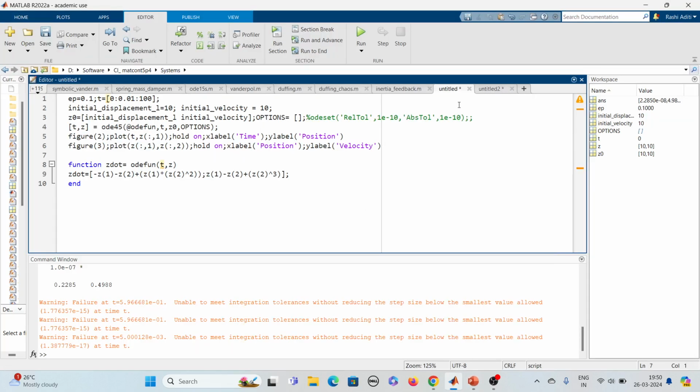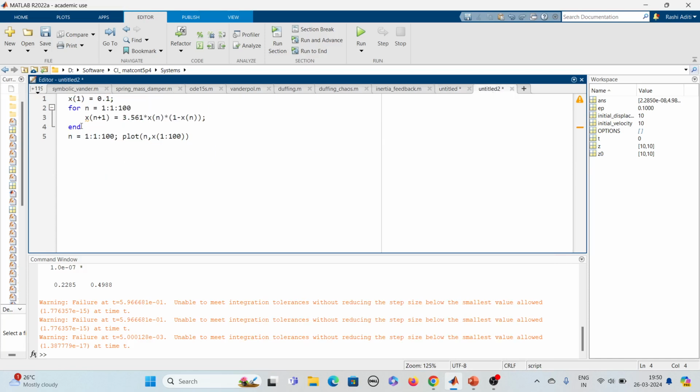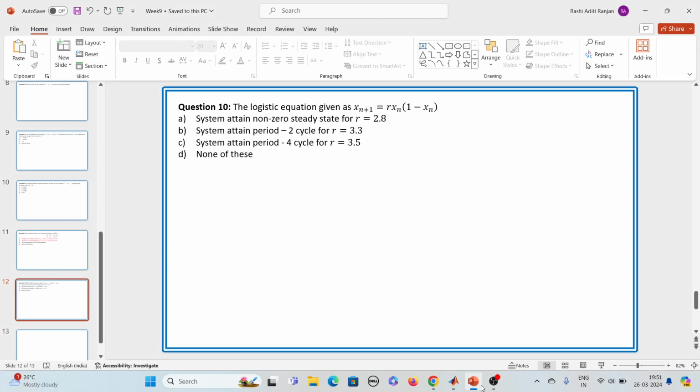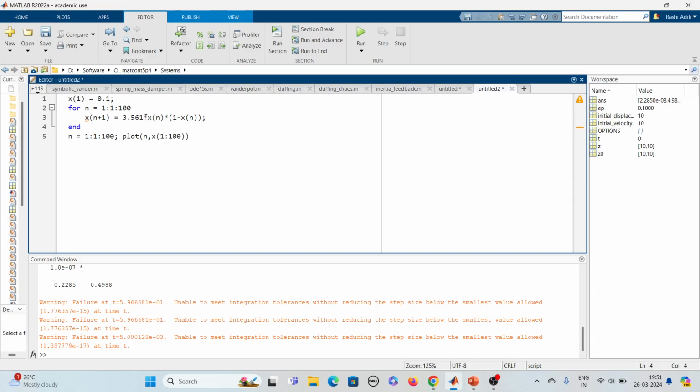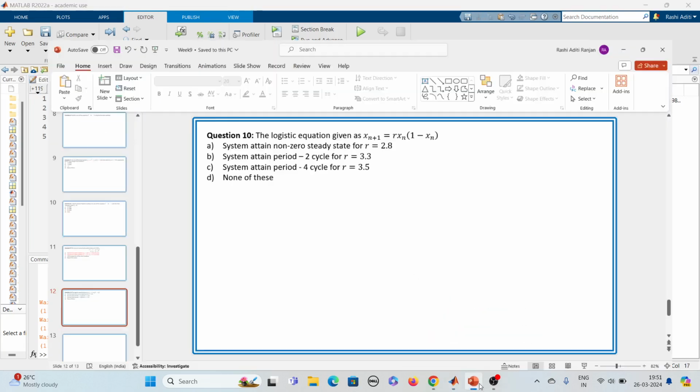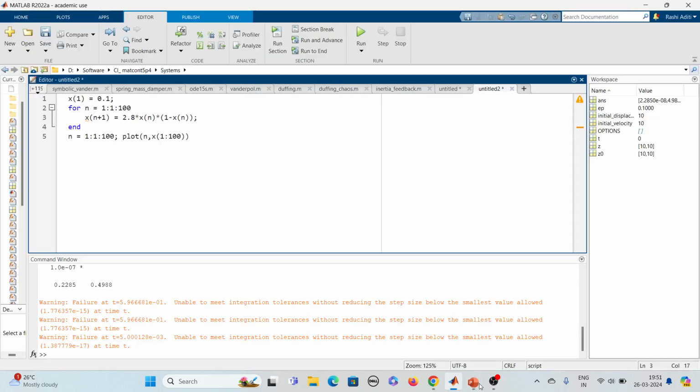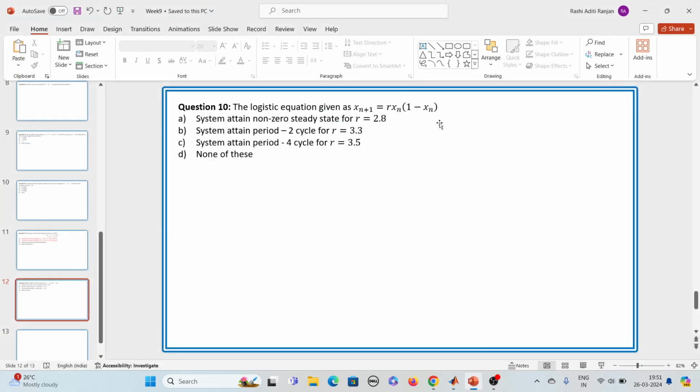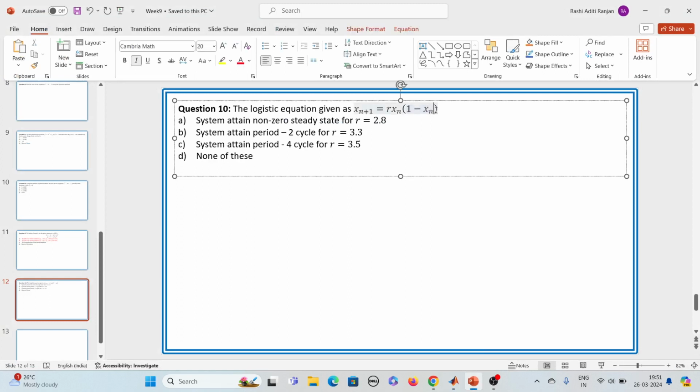Okay, so here is the code. I have taken the iteration up to 100, and there is no time bound. It is just asking what is going to happen in the steady state. So first I consider R 2.8. I think I forgot to mention over here, let's write it.